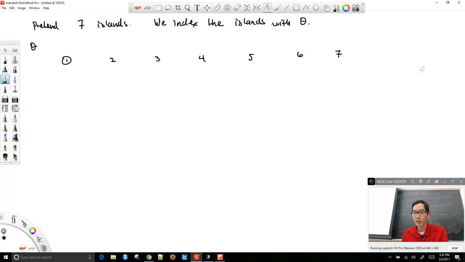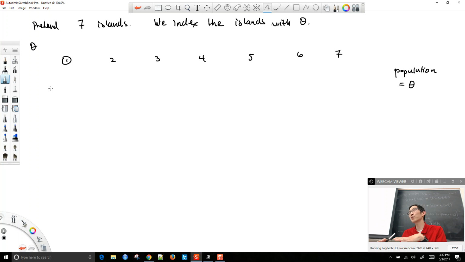The politician doesn't know this, but the population is equal to theta times a constant, so maybe we multiply it by 1,000. So island 7 has a population of 7,000, island 2 has a population of 2,000, and island 1 has a population of 1,000.